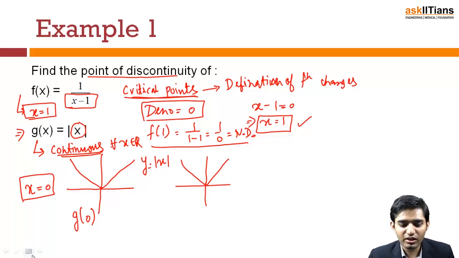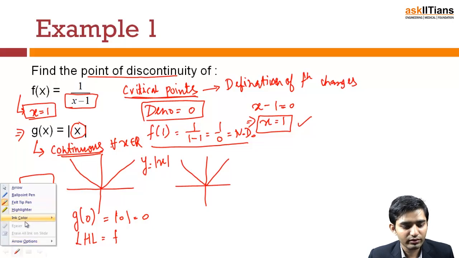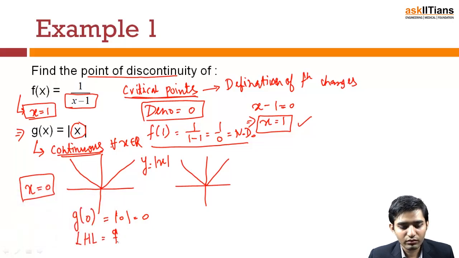What is g of 0? Now we will check at the critical point whether the function is continuous or not. g of 0 is mod of 0, which is nothing but 0. Now check the limit. LHL will be g of 0 minus, which is mod of 0 minus, which will again be 0.